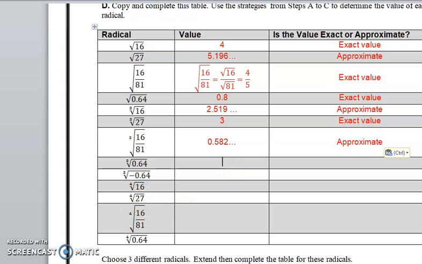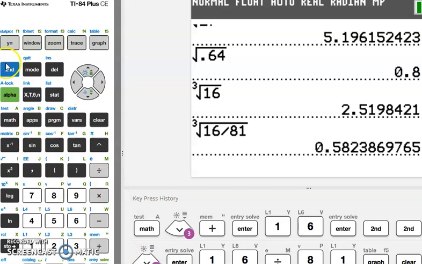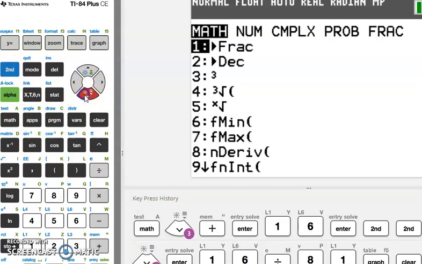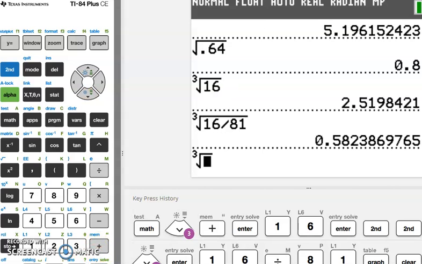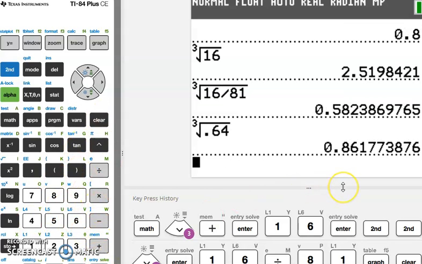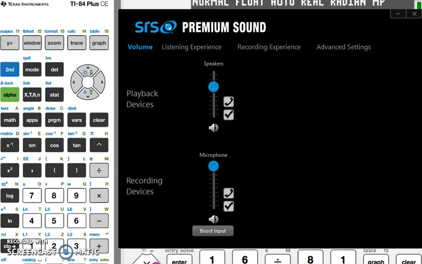Next one is the cube root of 0.64. So math, cube root, 0.64, enter, you get 0.861 in a bit. So I'm not rounding these, obviously.